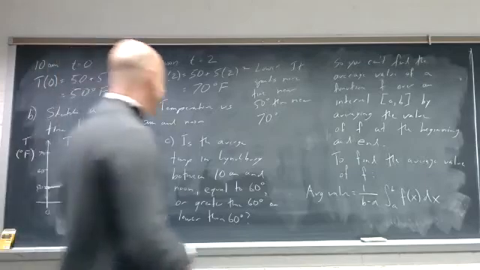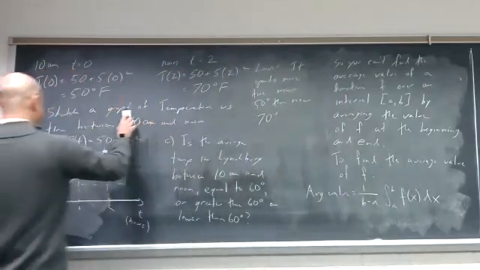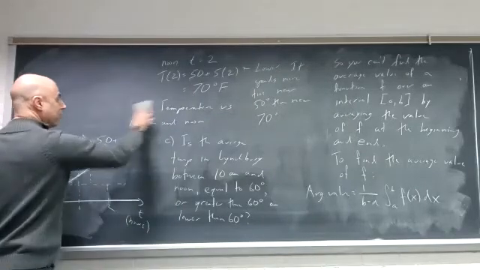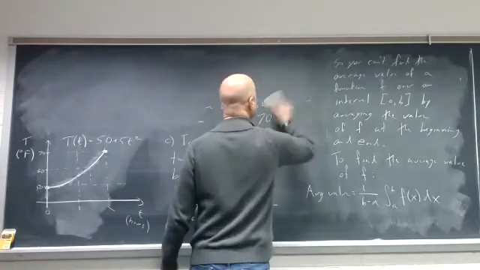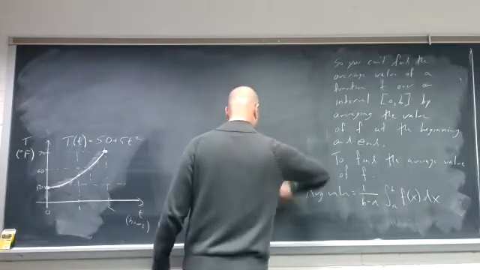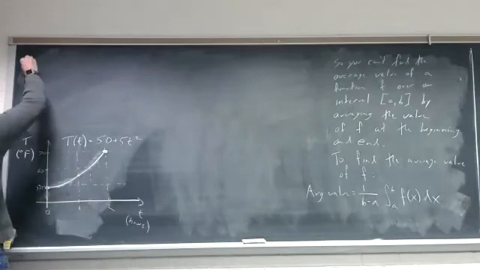So let's go ahead and do that in this case. I'm going to leave the graph, leave the formula, get rid of all this stuff. So find, where are we?